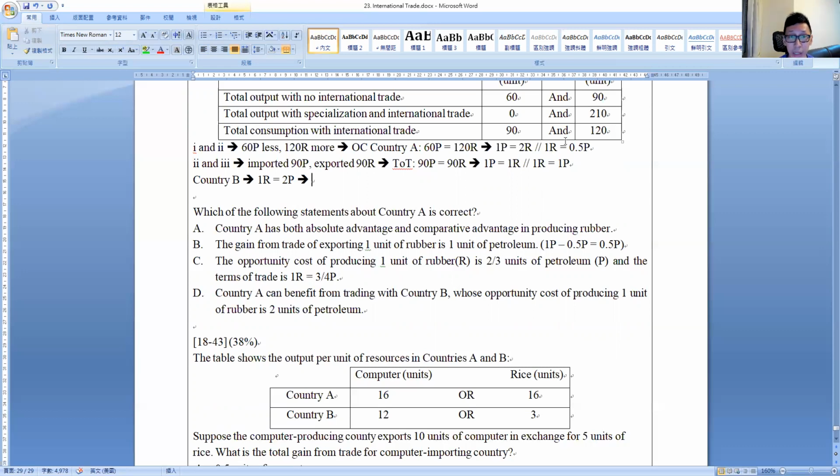Country A's is 0.5P, so the range would be 0.5P to 2P. What is the terms of trade? The terms of trade is 1P, which lies between 0.5 and 2, right in the middle. So yes, it is true. So this answer is correct.